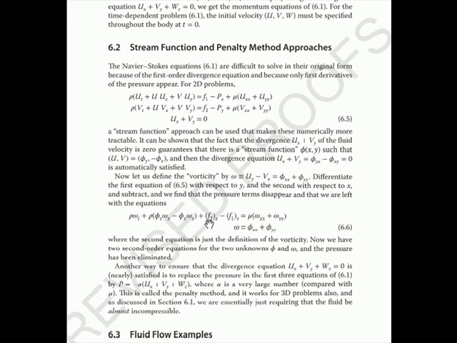Notice we have 2 nice second order equations for the 2 variables omega and phi. That's what we want to solve. We got rid of the pressure, and we got rid of the divergence equation also, because it's automatically satisfied.